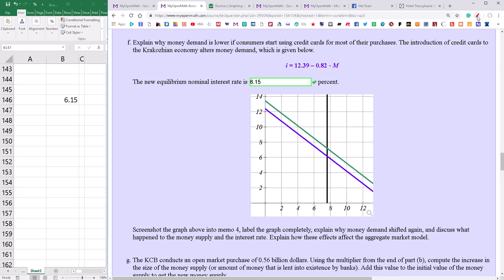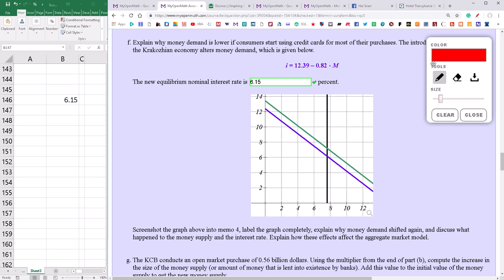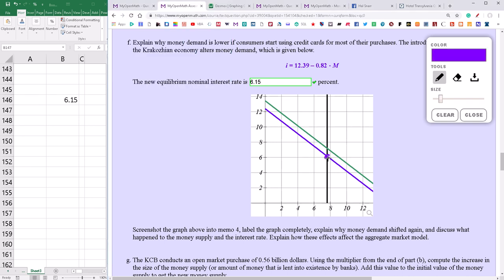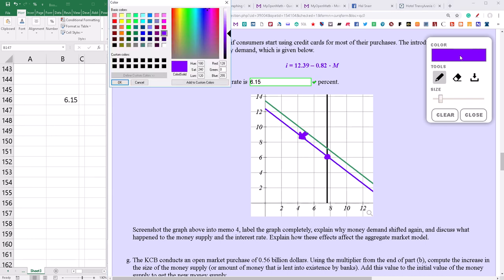Okay, so now let's graph this. We got purple here. Where's purple? Right there. So we got the new equilibrium down here, right? So demand shifted inward, it decreased. All right, and then interest rates fell.